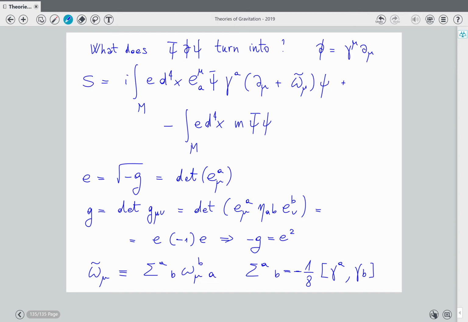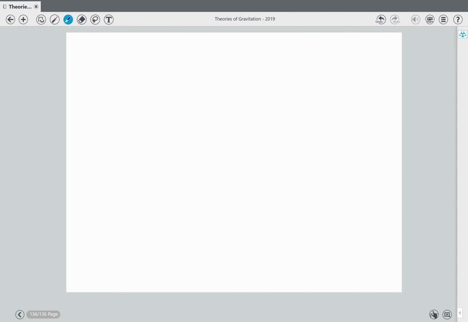This is the action, and we want to show that it transforms correctly, both under diffeomorphisms and under local Lorentz transformations. Diffeomorphisms first: we already know that E prime d4x prime is the square root of -g, so this transforms correctly.